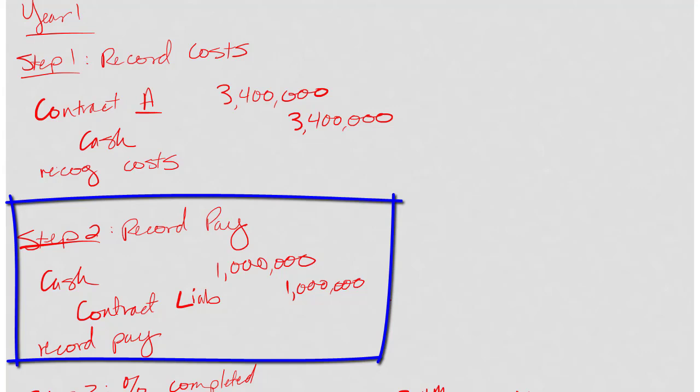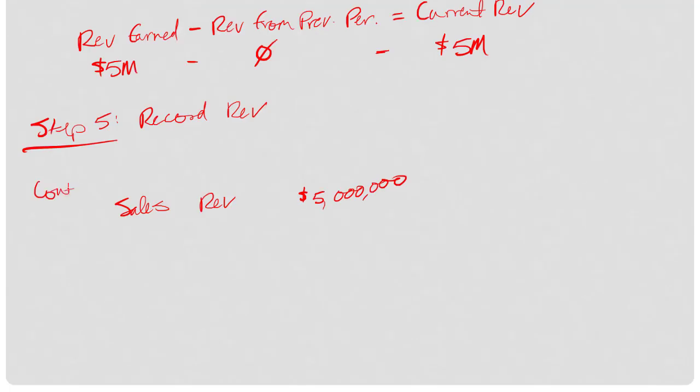They gave me money. I haven't earned it, but I have earned $5 million now. So I can get rid of that contract liability. I've earned everything they've paid me so far. And more. So I'm going to record an account receivable for the rest, because they now owe me that $4 million. And that takes care of my revenue.